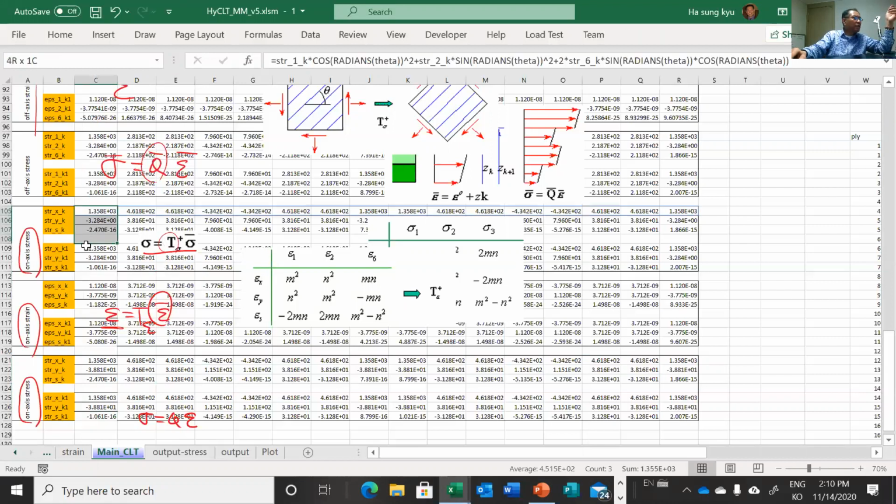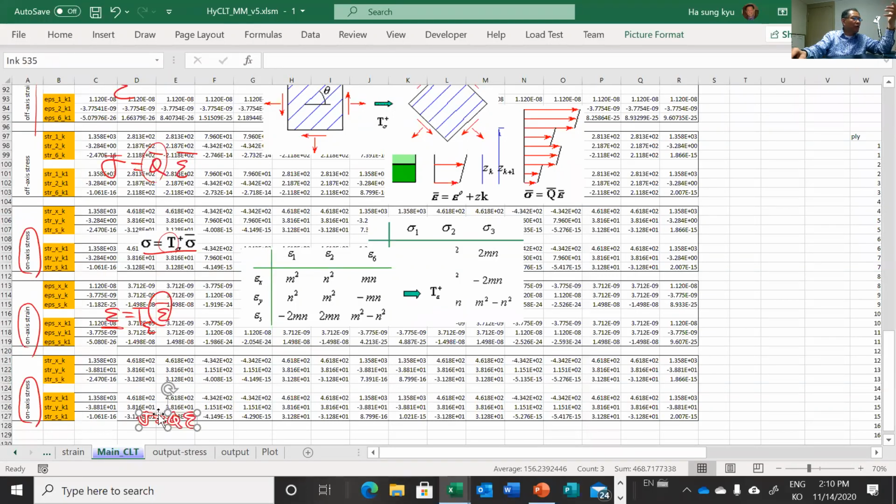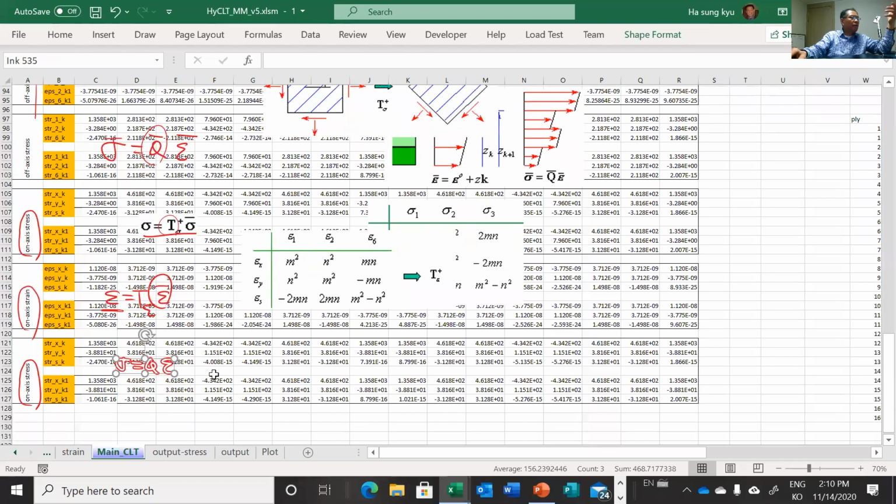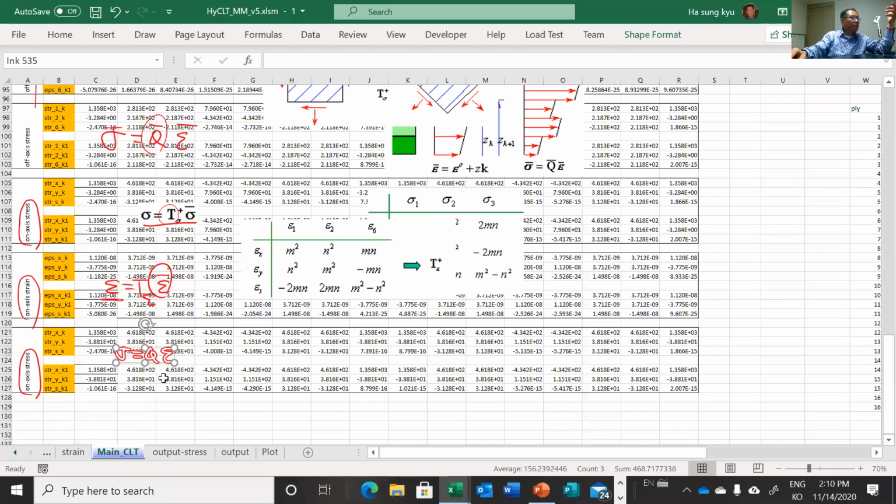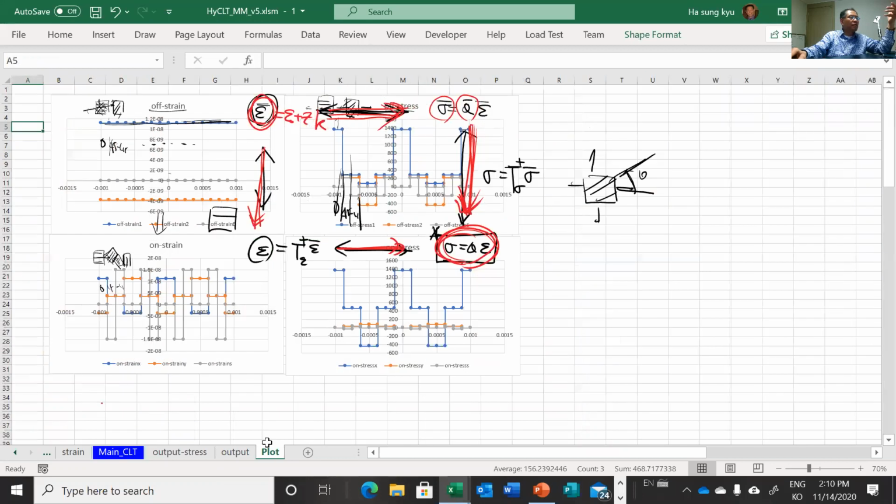Now, as you can see, try to compare. Are they the same? Yes, they are exactly the same. This one is calculated by transformation of sigma bar, and this one is calculated by multiplying the on-axis stiffness. We can calculate it this way, or we can calculate that way. Obviously, they should be the same.